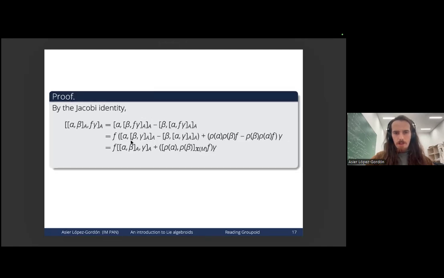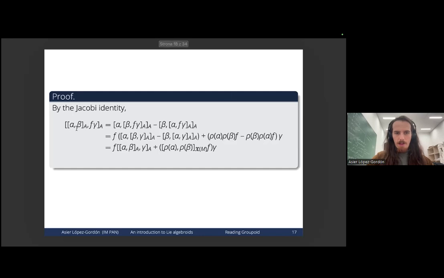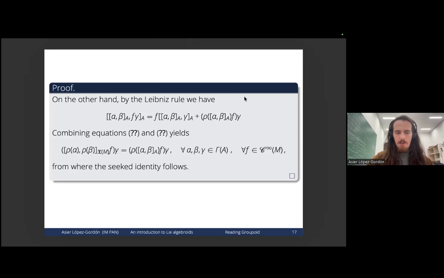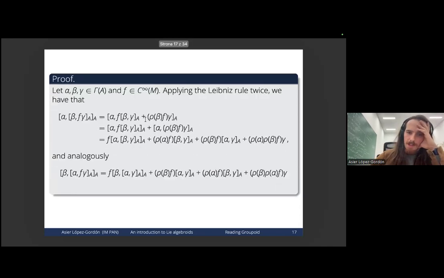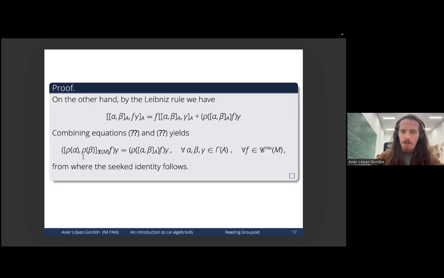But on the other hand, we could also apply the Leibniz identity to this element, and basically, observing the equations from the slides before, we can directly observe the property.